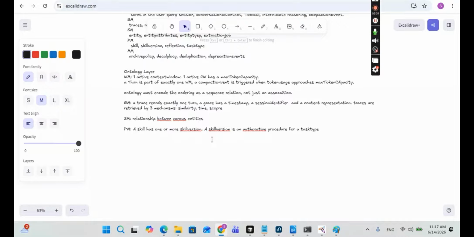In order for a task to be performed, we should have some kind of skill version at a point of time. The system retrieves skills by task type.